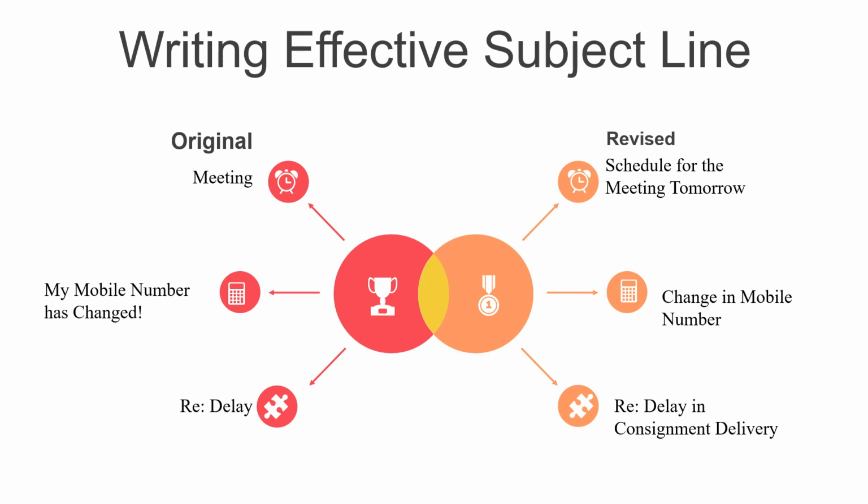A professional and well written subject line reflects positively on the sender. It demonstrates attention to detail and communicates professionalism that is important in business and professional communication. And we should create trust. Consistently delivering relevant and informative subject lines builds trust with your recipients.